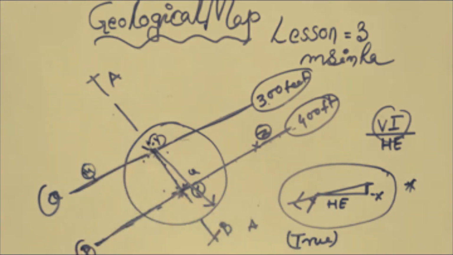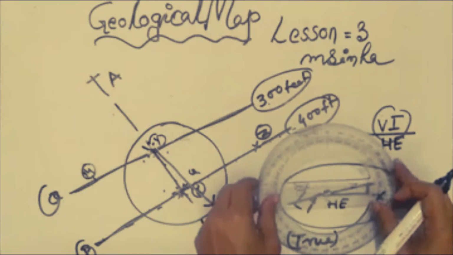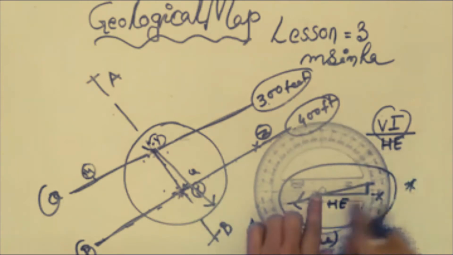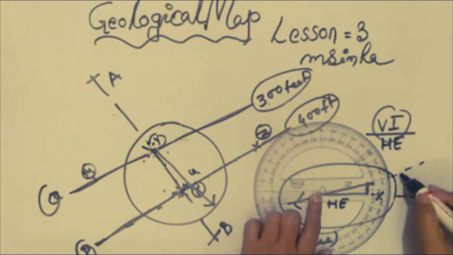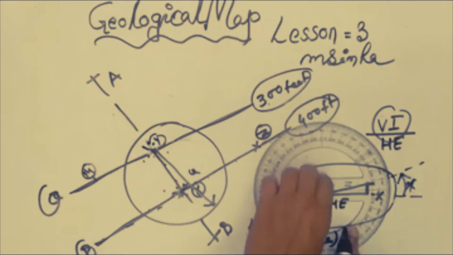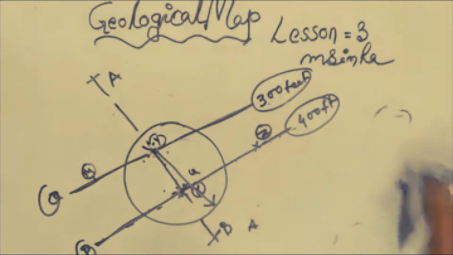With the help of a protractor, you can measure the dip. You can put zero on this line, and you can measure this angle. This is the amount of the dip.